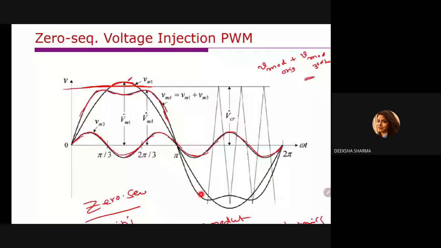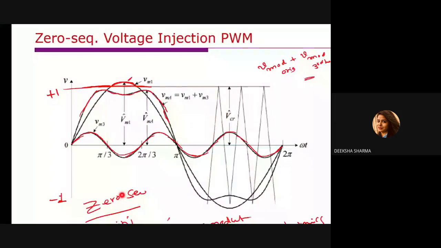If you notice the resultant waveform, assume this is the +1 limit and this is the -1 limit. In the first case, with the actual modulating signal, the output voltage is increased, meaning it is greater than +1.